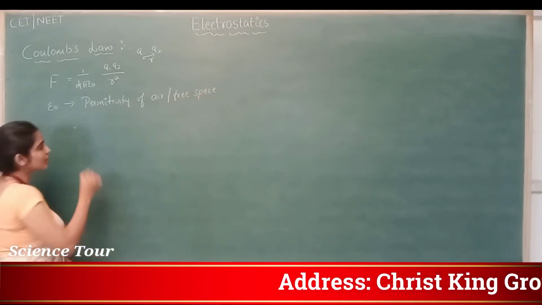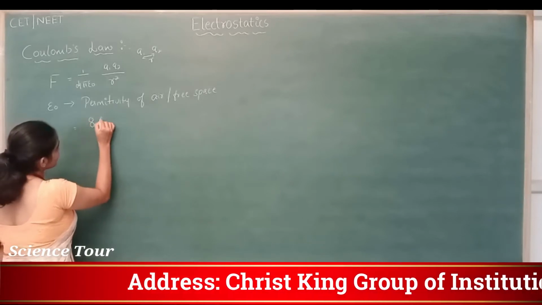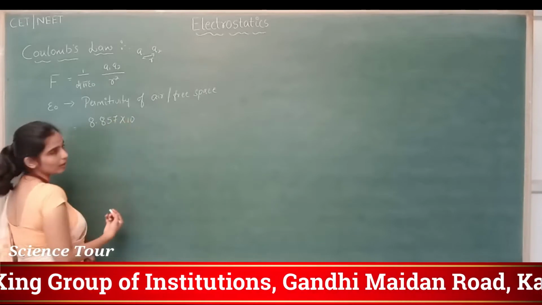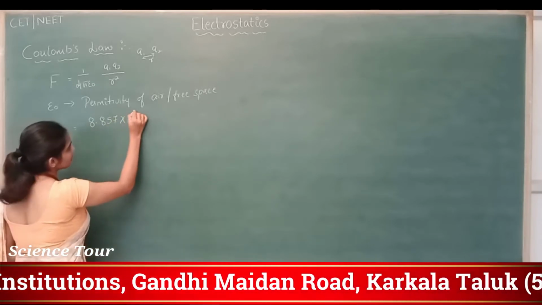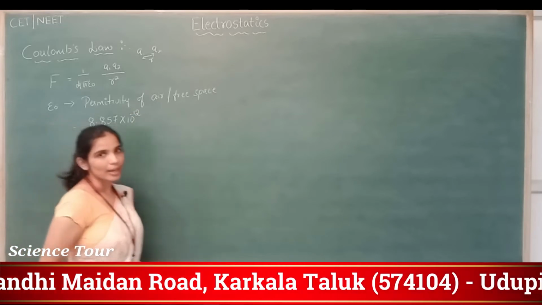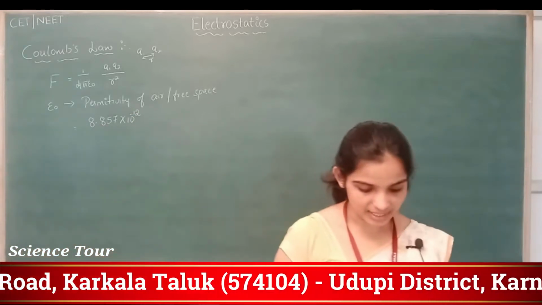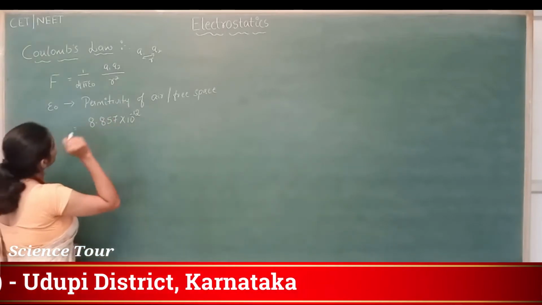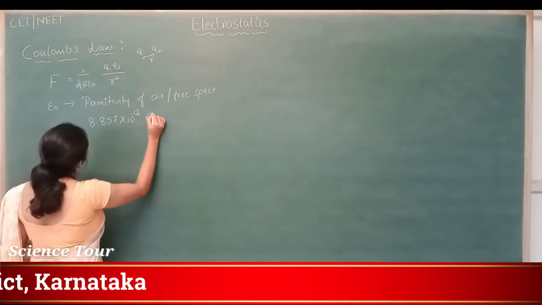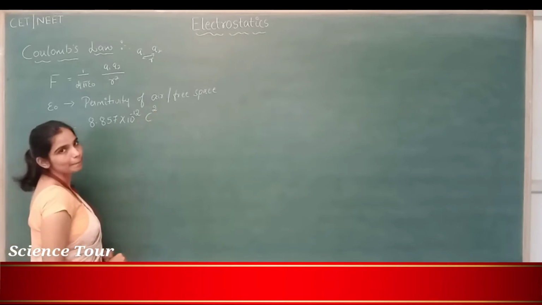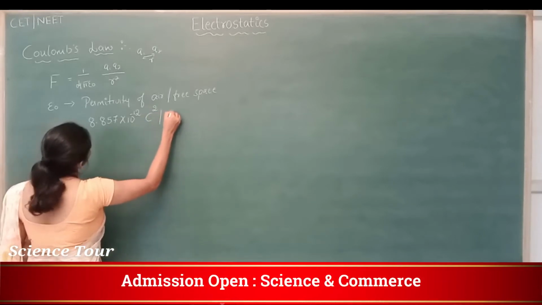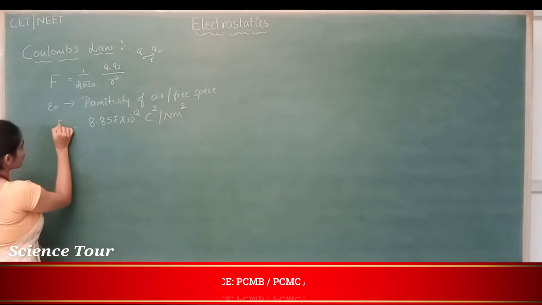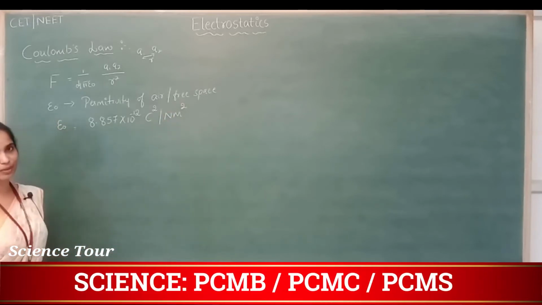What is the value of this? 8.857 into 10 to the power of minus 12. And what will be the SI unit of it? Coulomb square per Newton meter square. That is the value of epsilon naught.